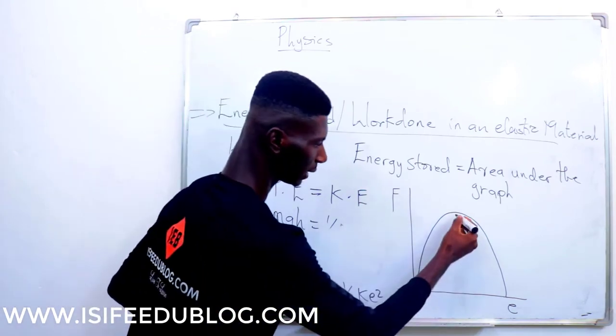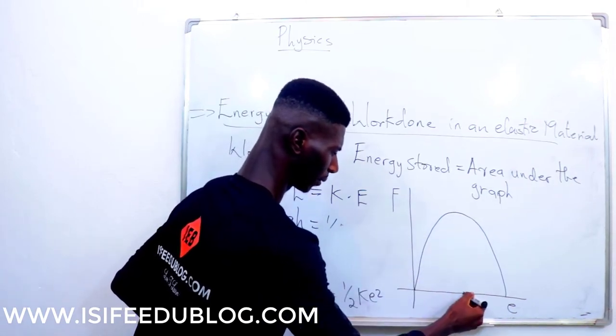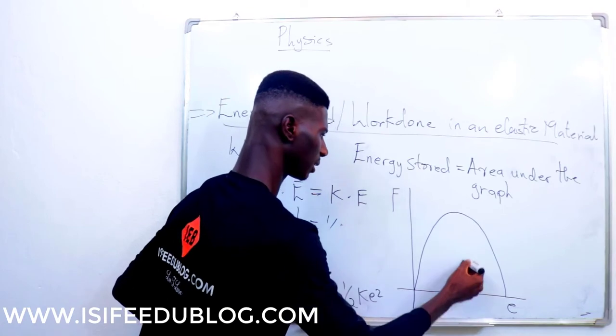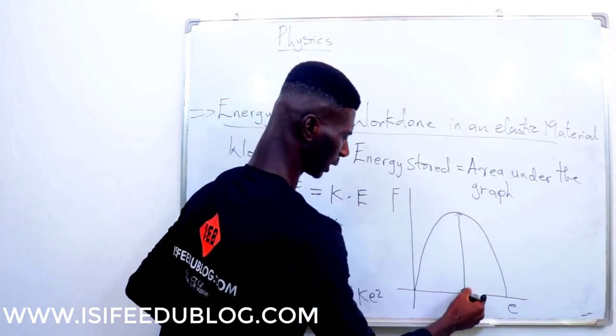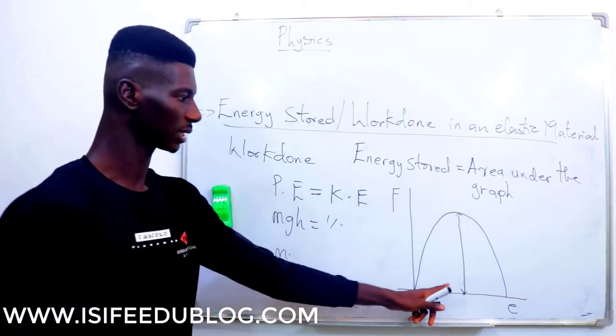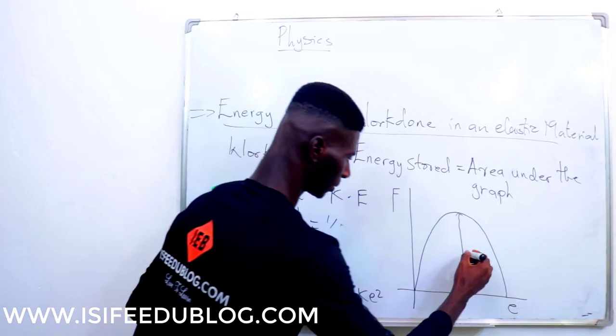Now something like this, we choose this as center, from here to the circumference of this curve. And we know that any line drawn from the center to any part of the circumference of a circle is a radius.